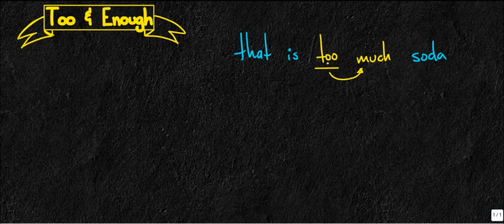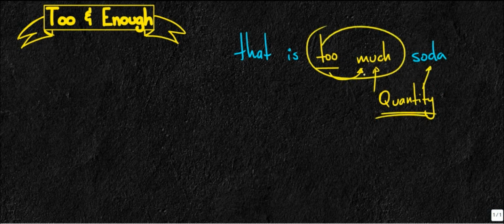So if I say "that is too much soda," and "much" is an adverb that we use for quantity, then what I'm saying is that the quantity of soda that I have is a problem. I have a quantity that is so big, so large, that it is a problem for me.